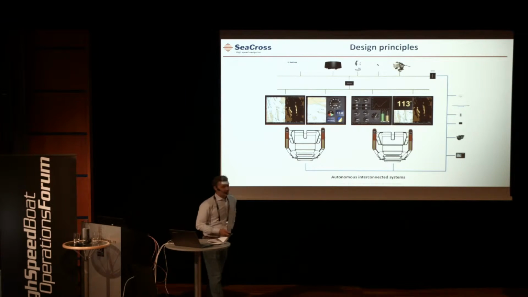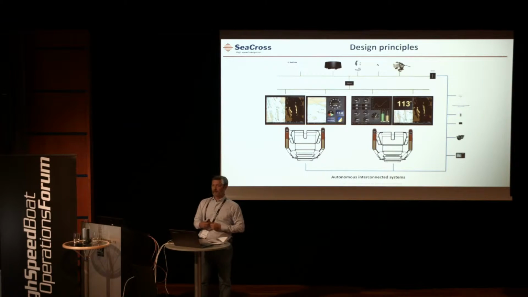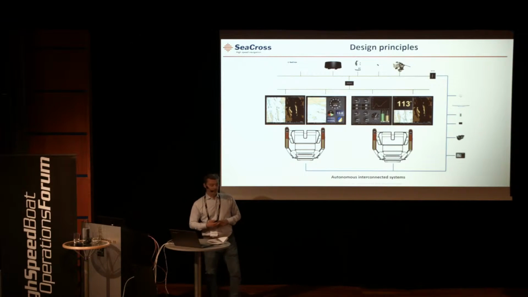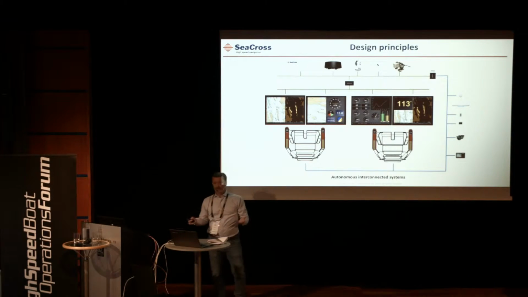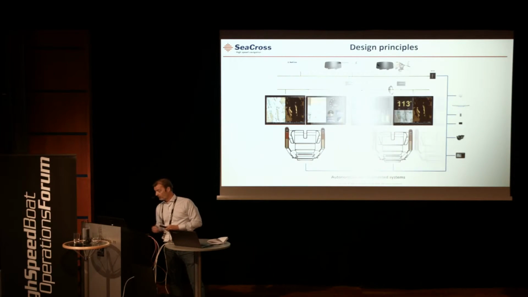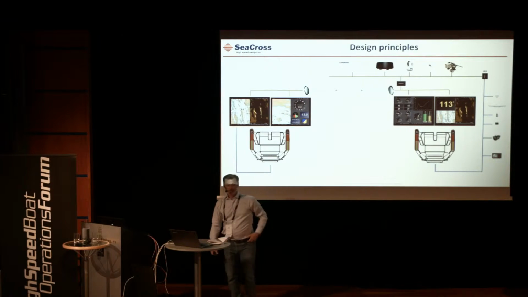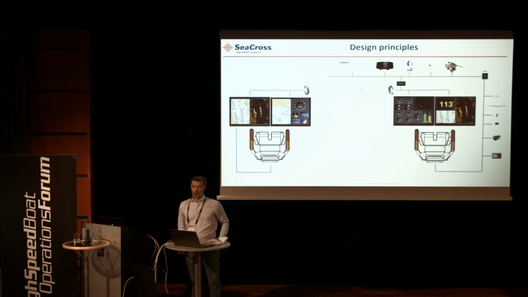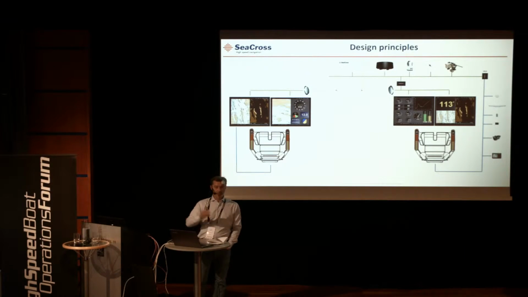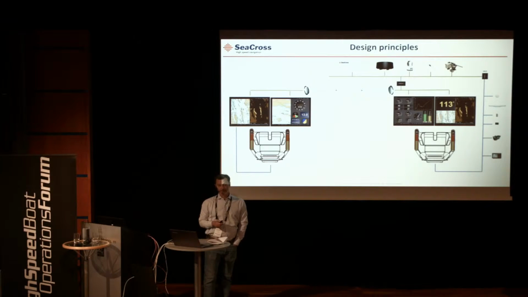It's based on a very simple principle. All the data on board in a Seacross system is eventually ending up on an Ethernet backbone. So anything connected to the system will have access to all the data available on the Ethernet. And by doing so, we can just separate one or several systems from the boat virtually, which means that if you have a Seacross system on one boat and you have a Seacross system on the unmanned boat, you use the CTEX MBR radio link, and it is as if you were on board.